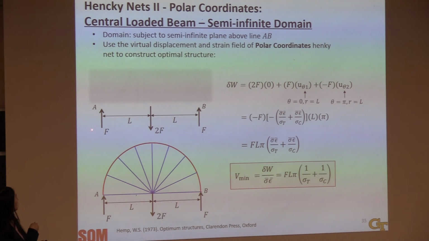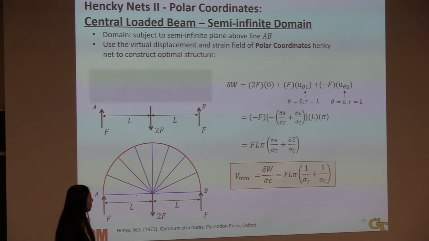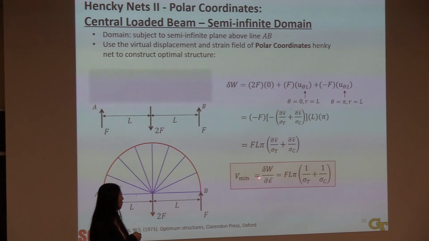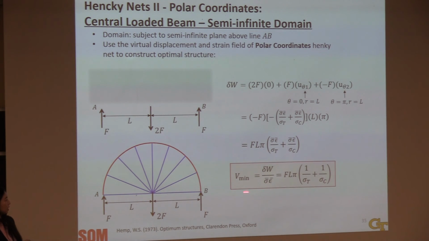One term is your external force, the other is your virtual displacement field at this point. By plugging that into your virtual external work, you obtain this. And by dividing by this positive value, you obtain that the minimum volume for this kind of Michell truss is this expression.